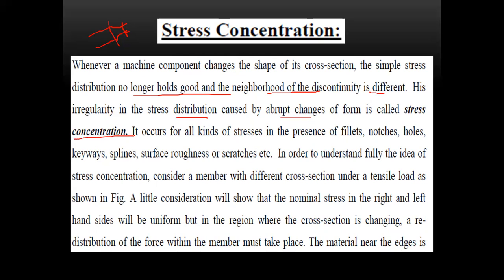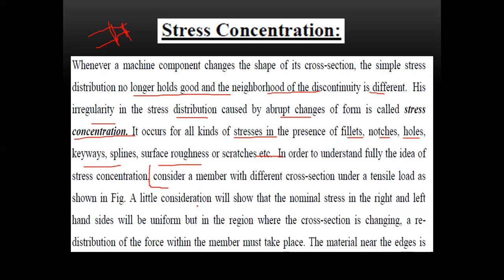Got it? So whenever there is an abrupt change in the cross section of any solid part, the irregularity of stress distribution, these drastic changes, is known as stress concentration. It occurs for all kinds of stresses in the presence of fillets, notches, holes, keys, splines, surface roughness, scratches, etc. For example, consider a member of different cross section under a tensile load.